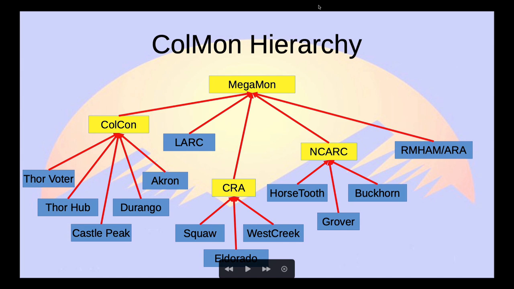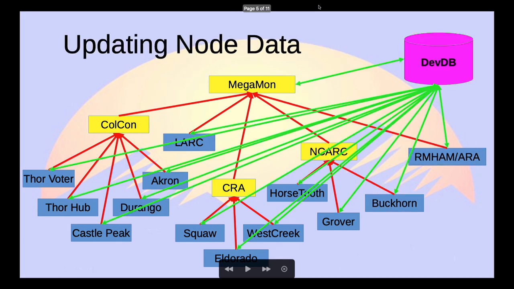And so it gives us the ability, for both emergencies and planned events, to reconfigure the network and link different computers and repeaters together in essentially an ad hoc way.